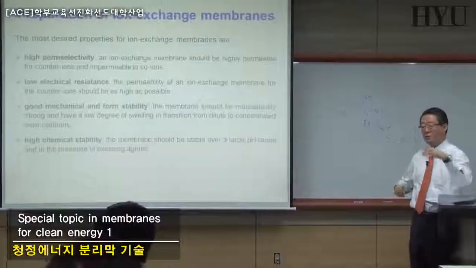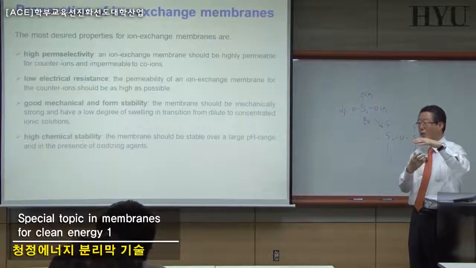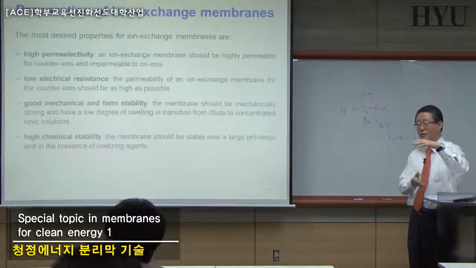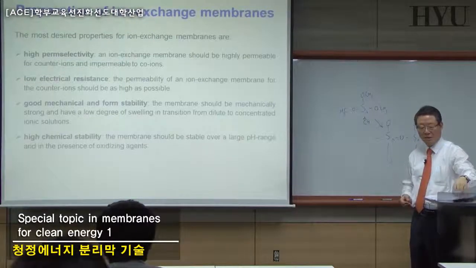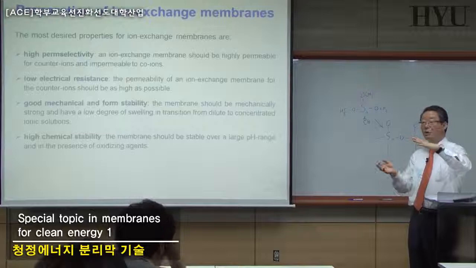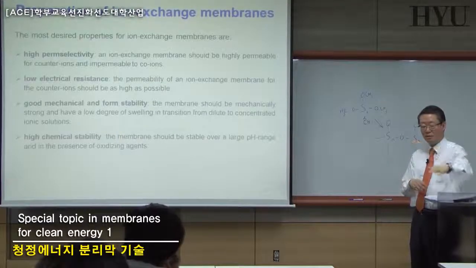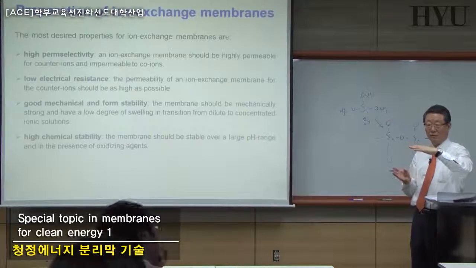Now the counter ion, sometimes called the counter ion or mobile ion, could be moved, and depending upon the type of cation or anion, your mobility is quite different, and the solubility of your membrane is quite different. Okay?